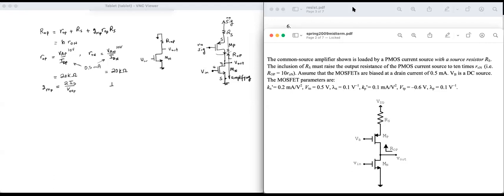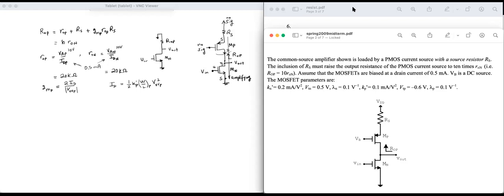So from the current equation in SAT, and I said that we will neglect VA, so ID is half K prime PW over L of the P MOSFET times VOVP squared. So let me use absolute value for P MOSFETs.